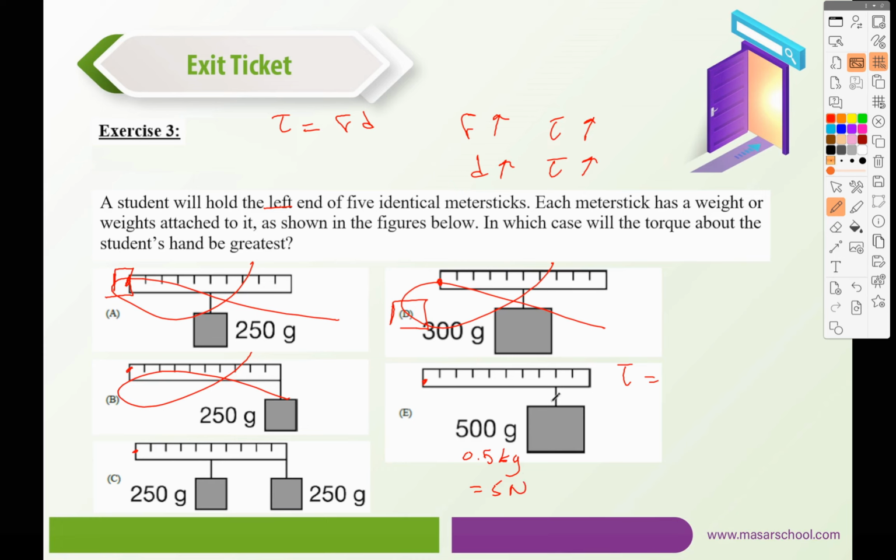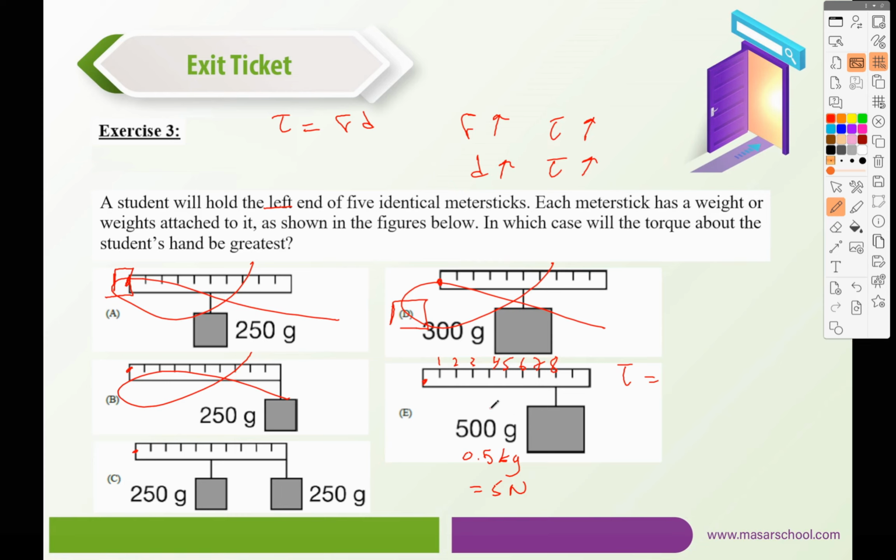Now if this is a meter stick, we can assume this is 1, 2, 3, 4, 5, 6, 7, 8. If I want to be precise, I should say that this is 0.1, 0.2, 0.3, 0.4, 0.5, 0.6, 0.7, 0.8, but that won't change anything.